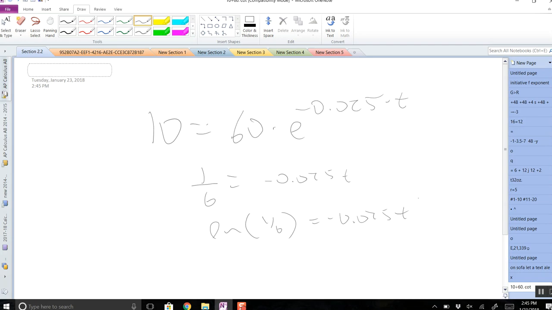And I'll do that in my calculator right now. Natural log of 1/6. Nope, I'm in the wrong place. Let's try this again. Natural log of 1/6 divided by negative 0.025. And you're going to see that T is roughly 71.67 years.